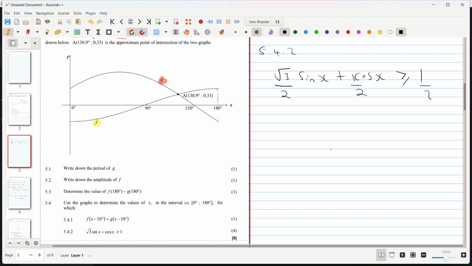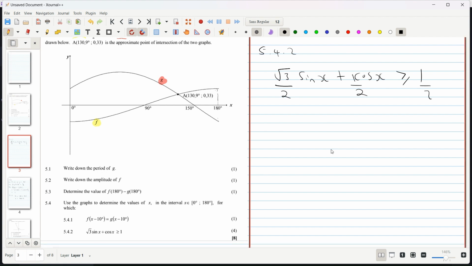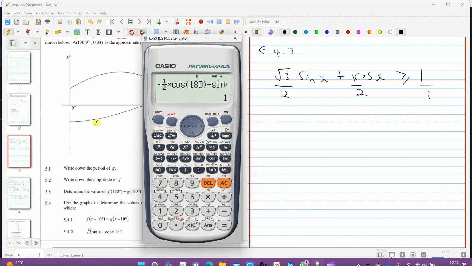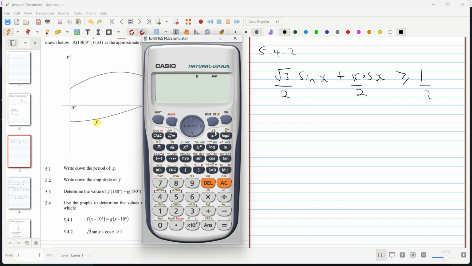Since we have square root of 3 divided by 2 here, and then half here, we can see that these are special angles, right? With our calculator, we can see which trig function and its angle equals square root of 3 divided by 2.